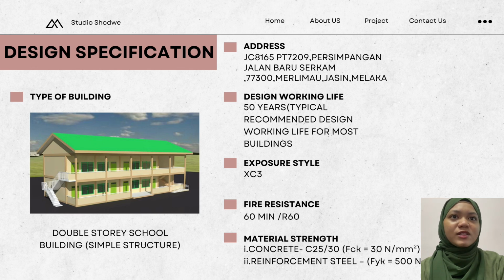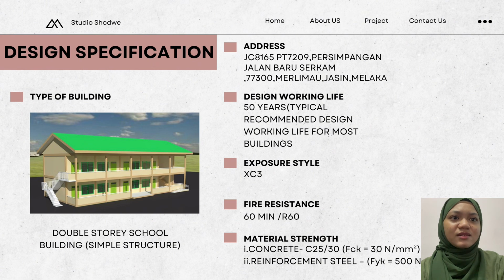Next, design specification. Type of building: double story school building, simple structure. Address: persimpangan Jalan Baru Sempang, Merlimau, Jasin, Melaka. Design working life 50 years, the typical recommended design working life for most buildings. Exposure class, SC3, fire resistance 16 minutes or R16.